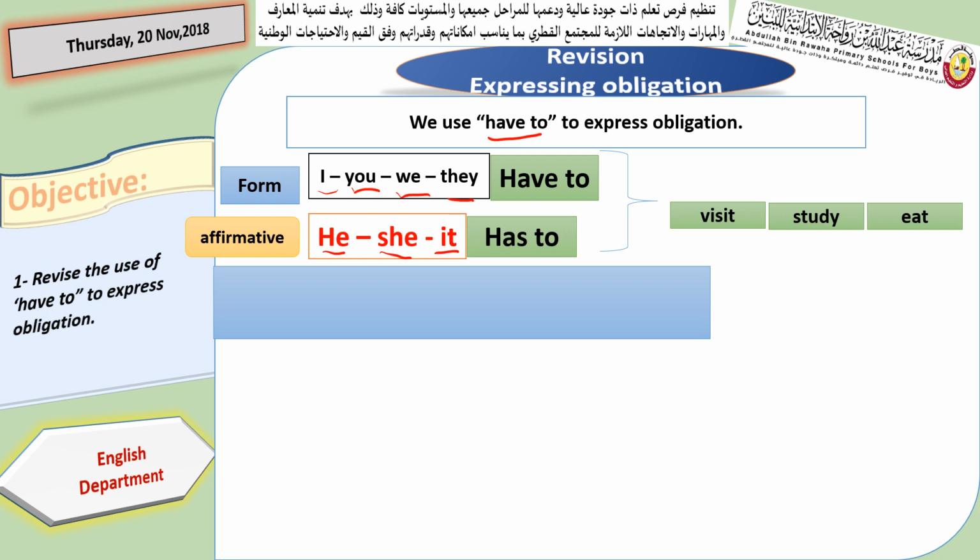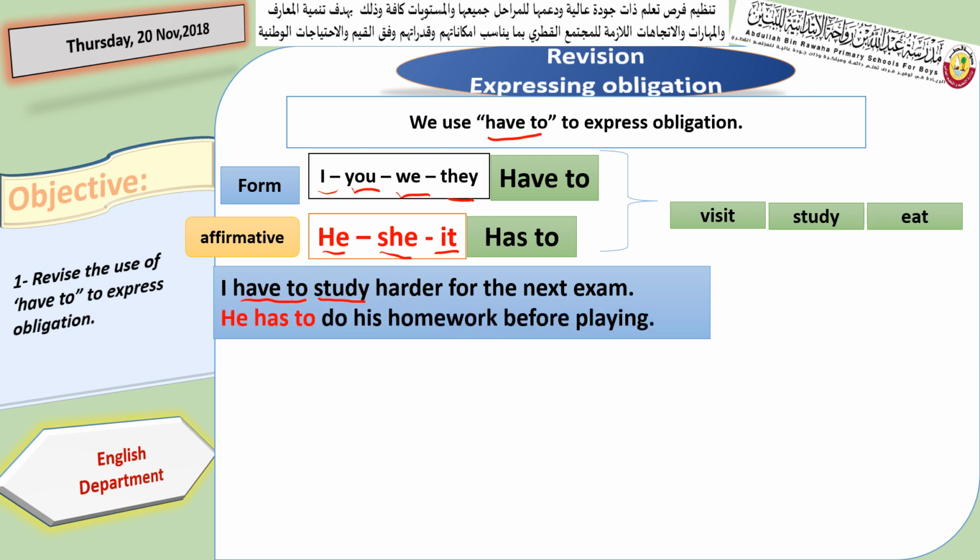إلى آخره. Now for the first example نأخذ المثال الأول I have to study harder for the next exam. Here we have to and here we have infinitive verb أو a verb in the infinitive form فعل في شكل المصدر.